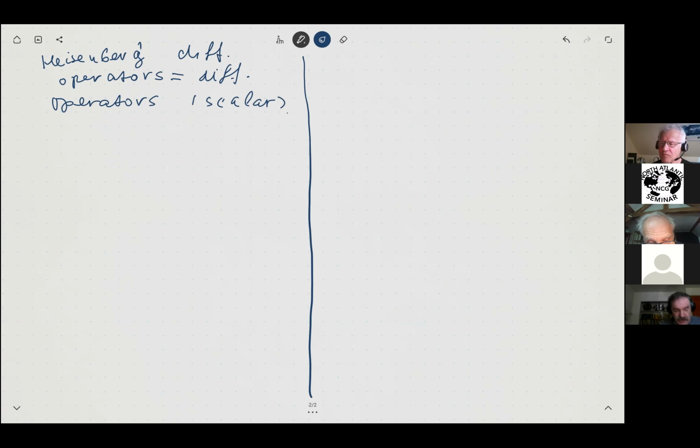So what is changed and what gives the name Heisenberg is that the order filtration, which one considers on them, is different. How is it different? Namely, if X is tangent to the hyperplane bundle H, then it's declared to be of order 1.